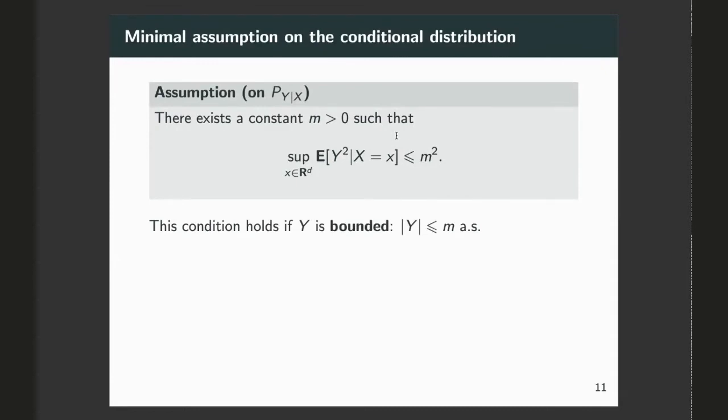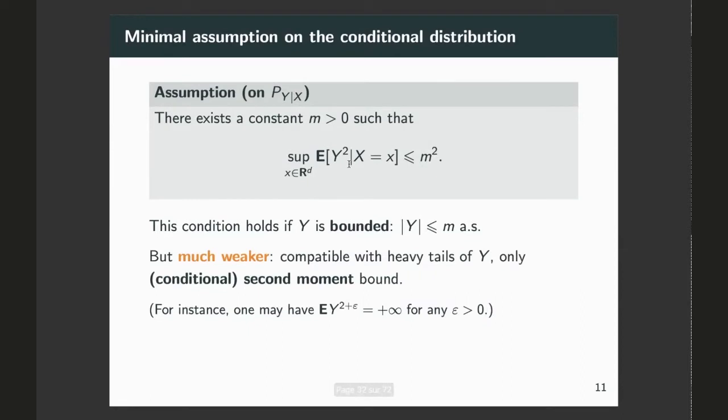This is a condition which is always satisfied when Y is bounded. When Y is bounded by M, this is obviously true. But it's also a much weaker condition because it doesn't require boundedness. It's only a condition on the conditional second moment of Y. And in particular, it's compatible with a response Y which has heavy tails. It may even have only two moments and not more than two moments.